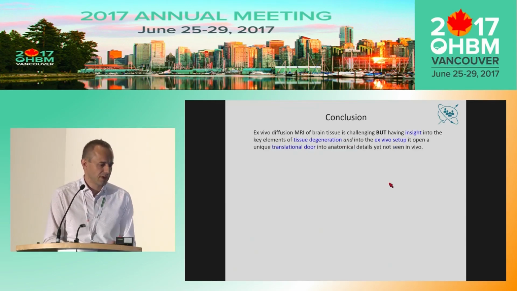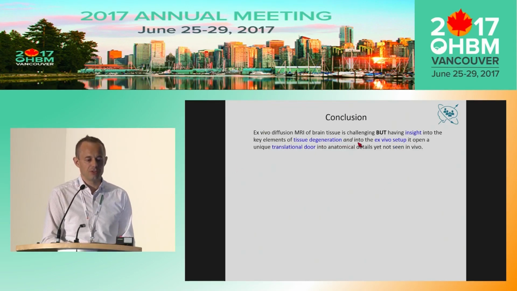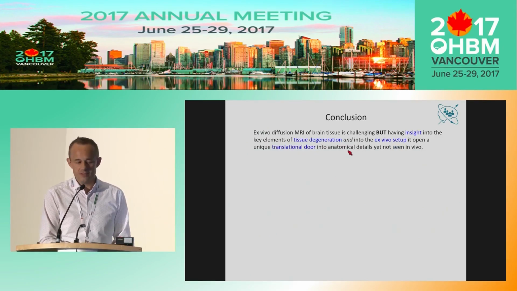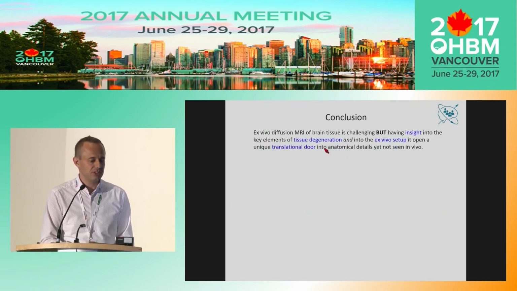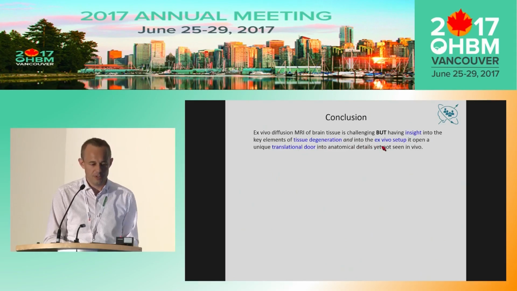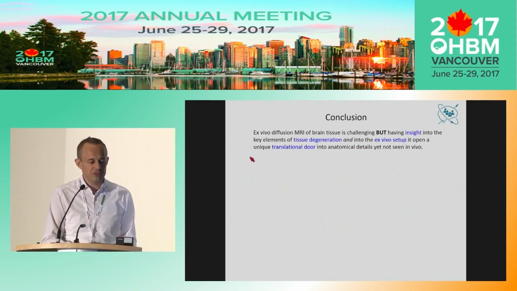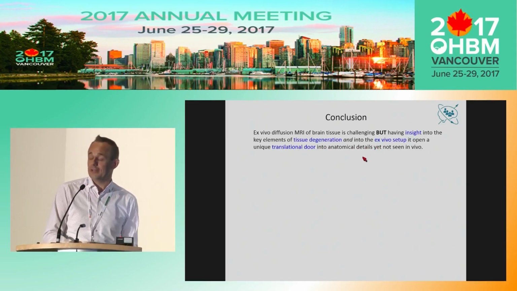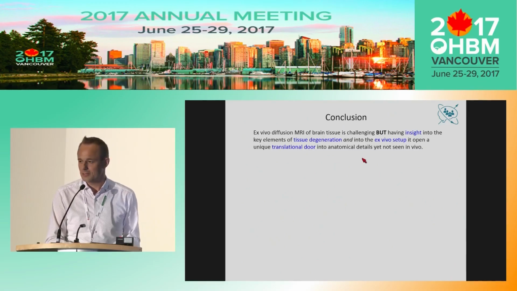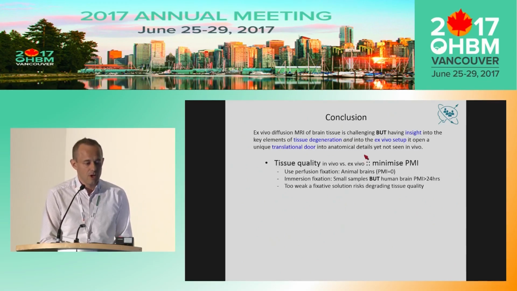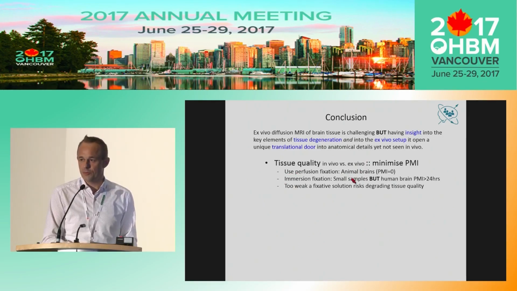So in conclusion, ex vivo MRI of brain tissue is challenging. But if you have insight into the key elements of tissue degeneration and into the setup, then it opens a unique translational door into anatomical details that you cannot see in vivo today. But you need to ensure the tissue quality. It needs to be as close to in vivo as possible.